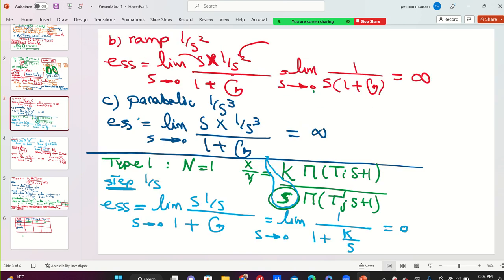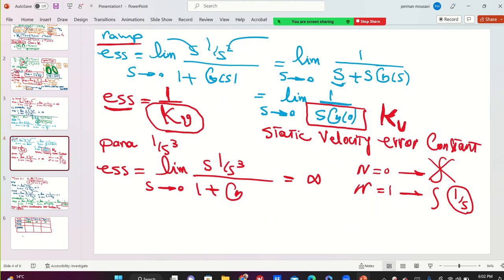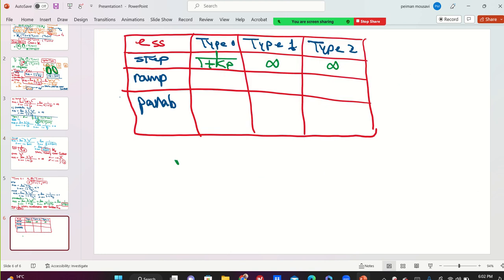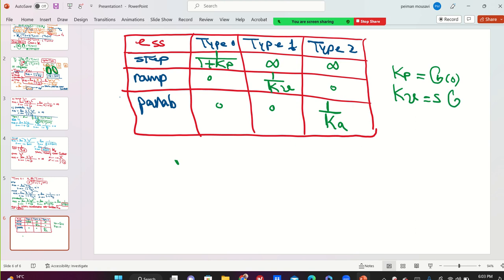The other one was 0, 1 over Kv, infinity. And 0, 0, 1 over Ka. Being said that, Kp is the open loop transfer function at s equals 0, Kv is s G of s at 0, and Ka is s squared G at 0.